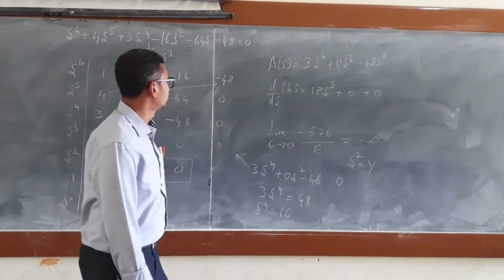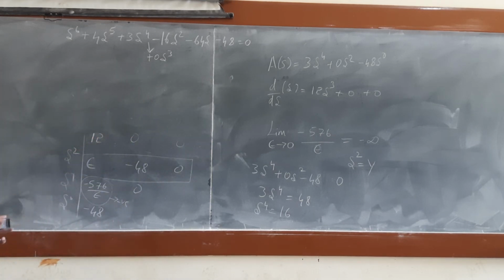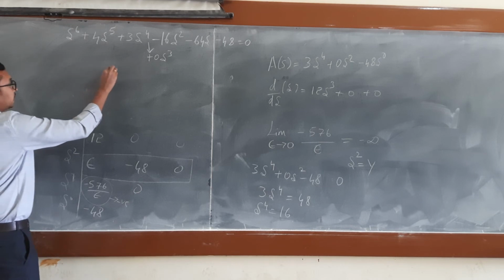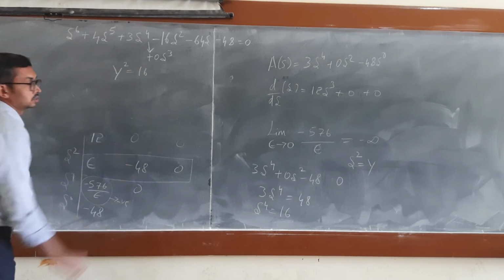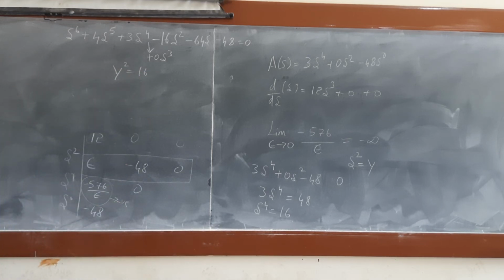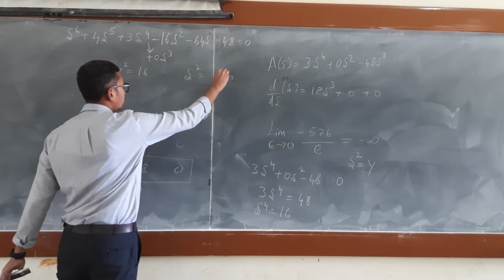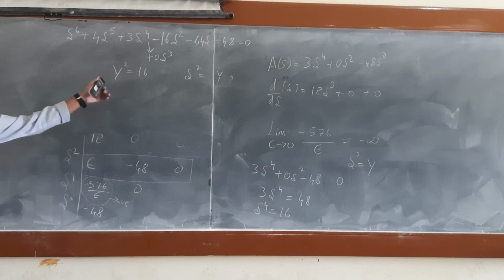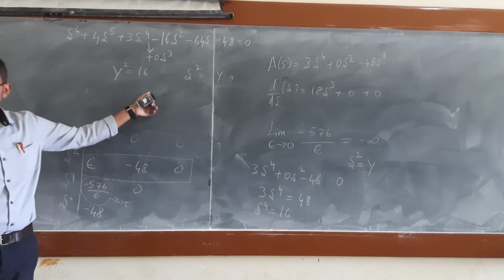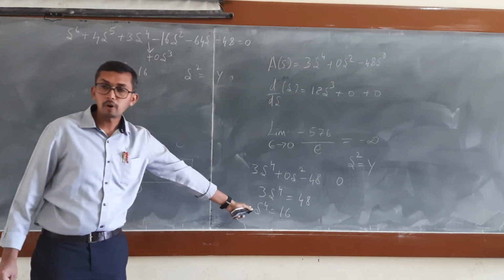So what happens? This can be written as y square is equal to 16. Is it right? Why? Because I am taking s to the power of 2 is equal to y, so I have s to the power of 4.